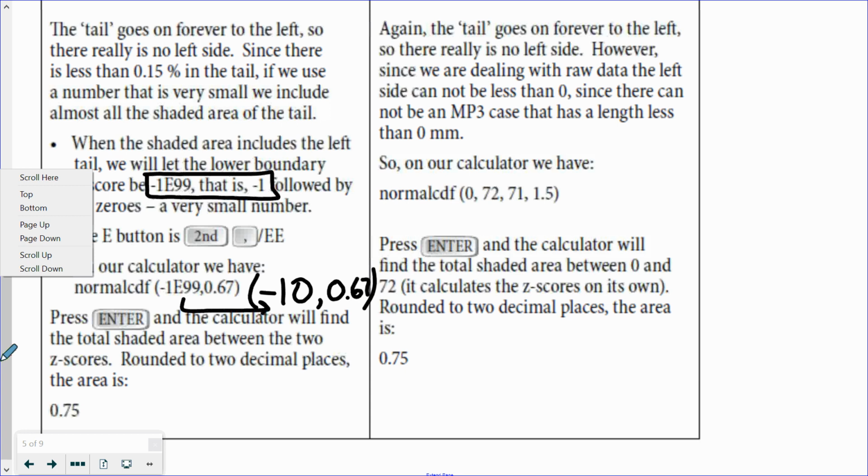Casio people, to calculate areas under the curve, you press menu, you go to your stat menu, which is number 2. I can write this down too if you want to make yourself a little note.